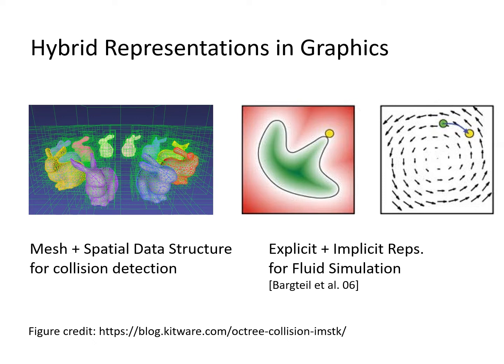In graphics, for example, if we want to do collision detection of models that are represented as triangular meshes, you have to use a spatial data structure to accelerate the computation. Hybrid representations have also been used, for example, in fluid simulation and so on. But the focus of this talk is using hybrid representations for recognition, for understanding. That separates this line of work from the existing literature.